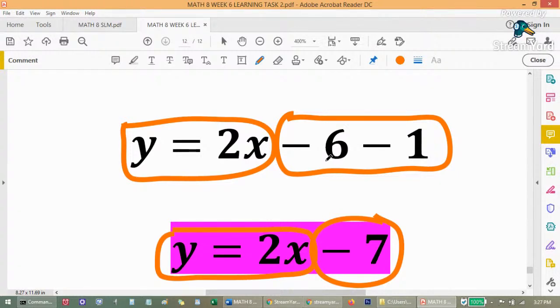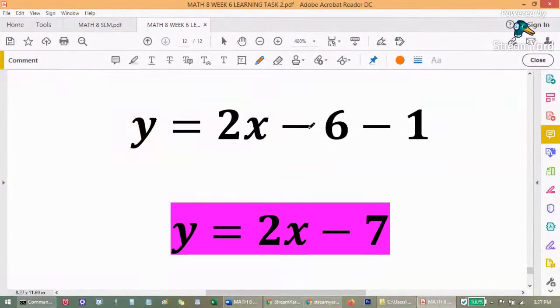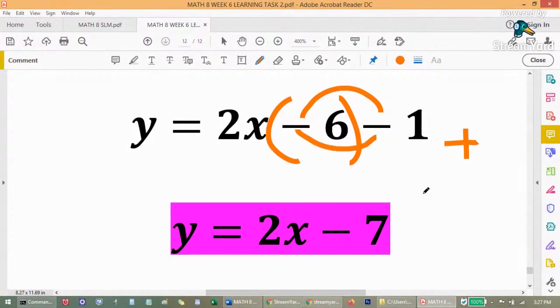Pag magkaiba, subtraction, kapag walang parenthesis. Pag may parenthesis, ibig sabihin nun ay -6 times -1. So, negative times negative, positive naman ang sagot doon, kasi pareho silang negative.